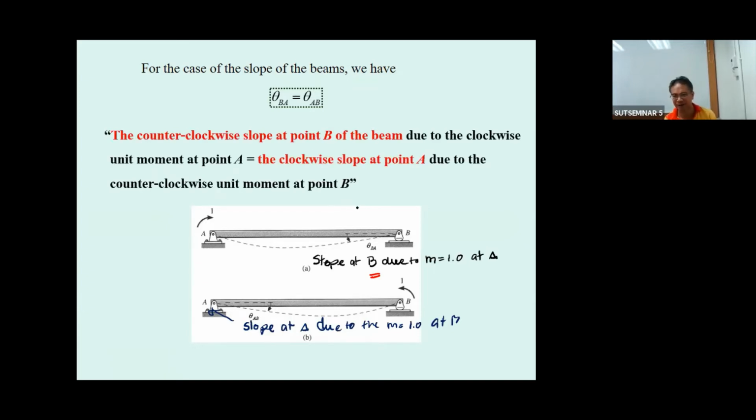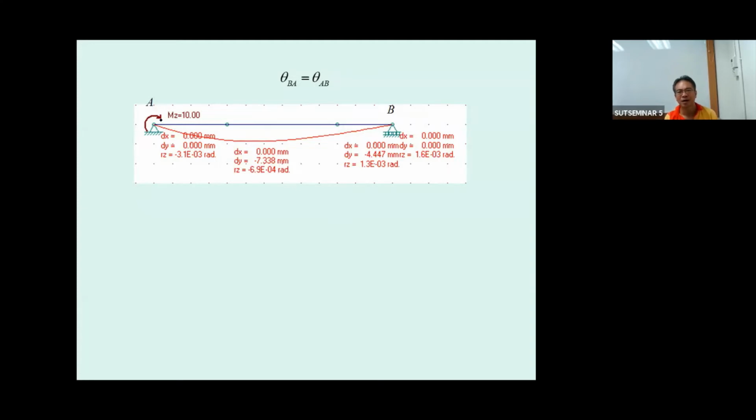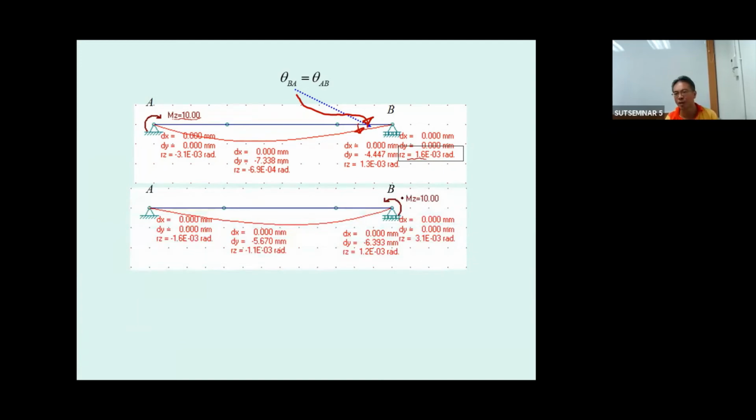Putting the word like this, prove it. Okay, this one is subjected to the moment at A, so over here we are looking for the slope at B due to the moment at A. And then you apply the moment to the beam and consider the slope here, this is going to be theta at point A due to the moment at B. Again, you get this, and you can see this one and this one, they are equal.